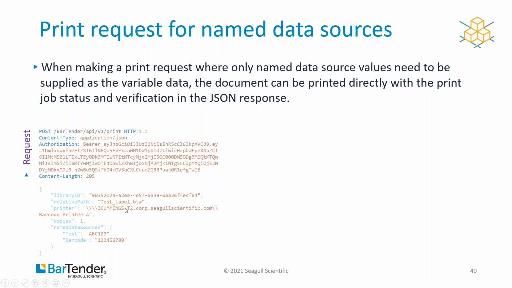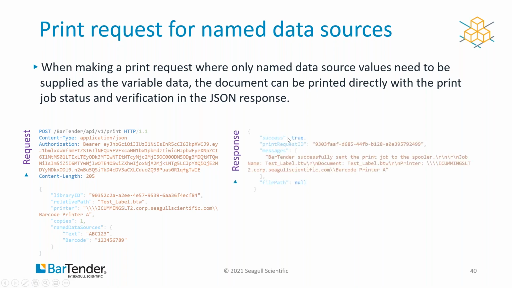The printer that we wish to print to, so here I'm using barcode printer A, number of copies we wish to print, various other attributes you can set, and then in the end, setting the variable data items of our named data sources that are defined in our document.